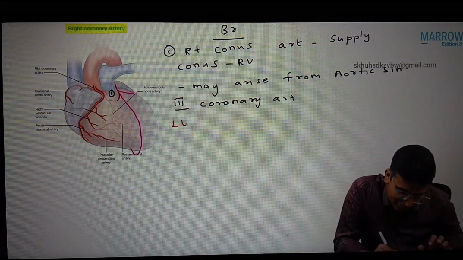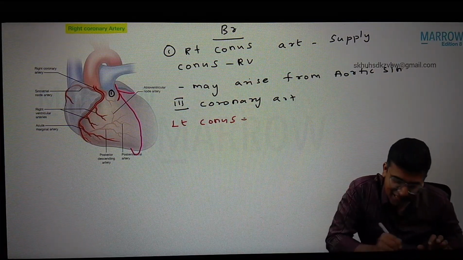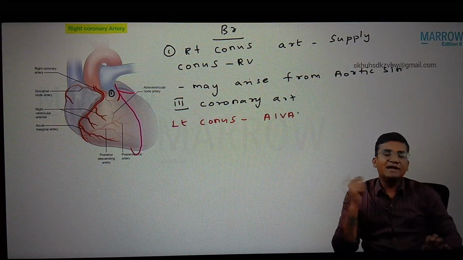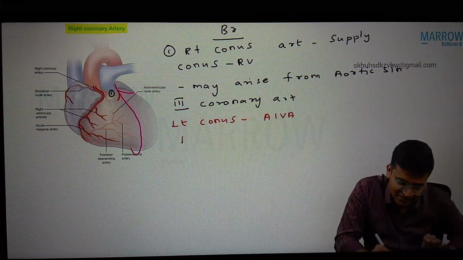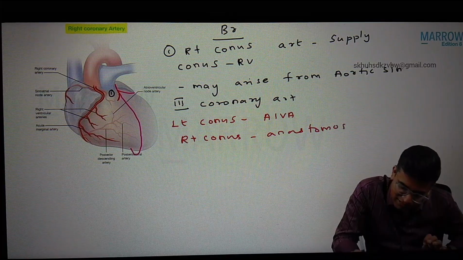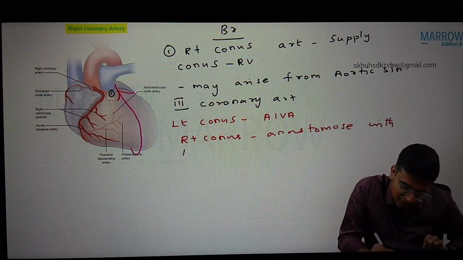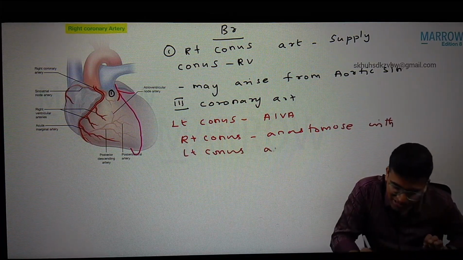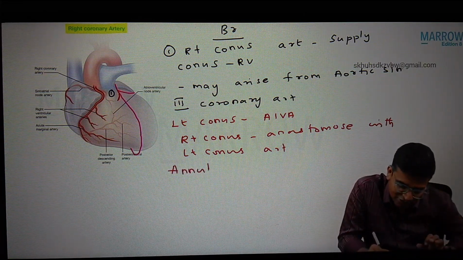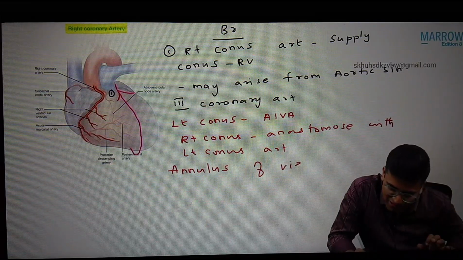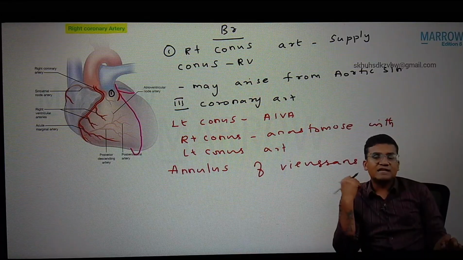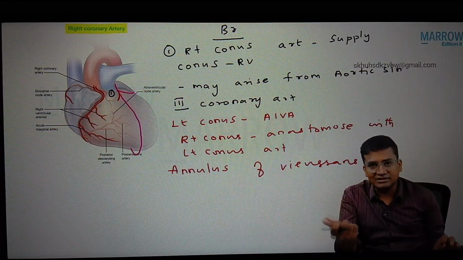Now the right conus artery and left conus artery anastomose with each other, and they form a pattern called the annulus of Vieussens. The annulus of Vieussens is nothing but the anastomosis of the right conus artery and the left conus artery.